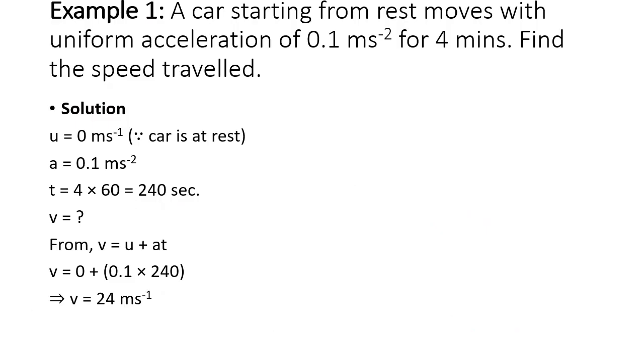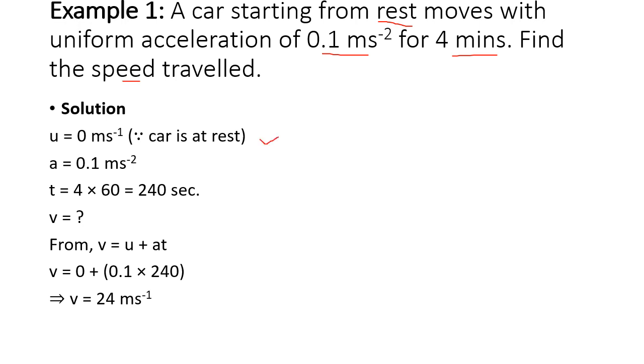Let's see one numerical based on velocity time relationship. A car starting from rest moves with uniform acceleration of 0.1 meter per second squared for 4 minutes. Find the speed traveled. So you should write given values.